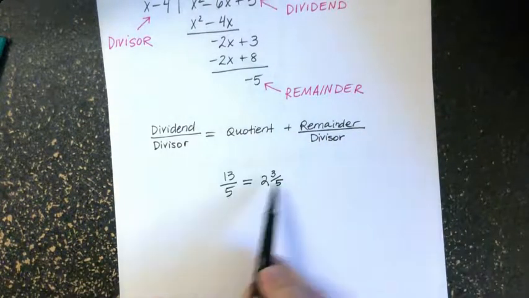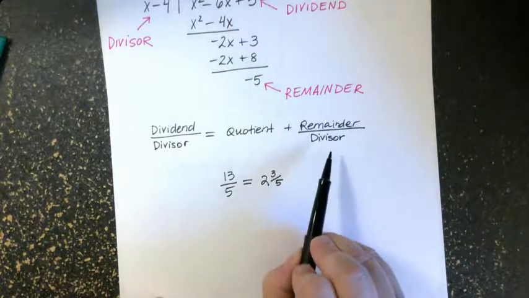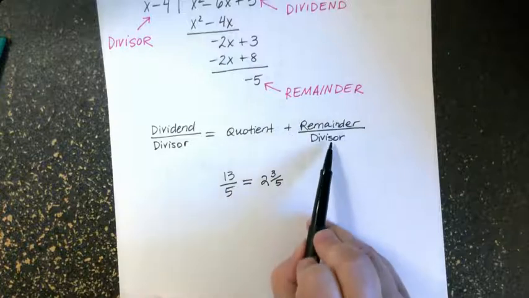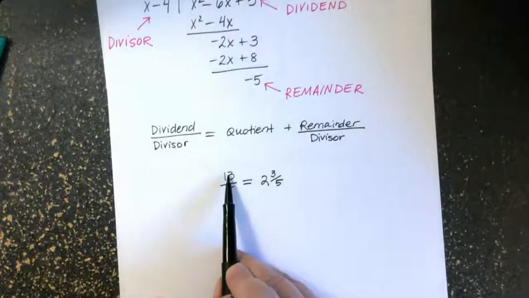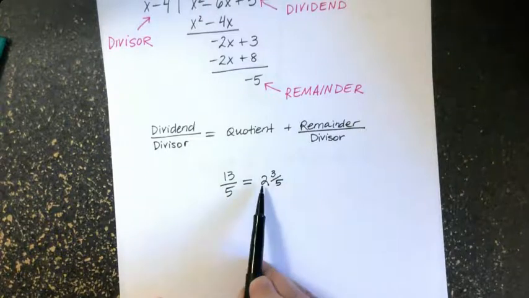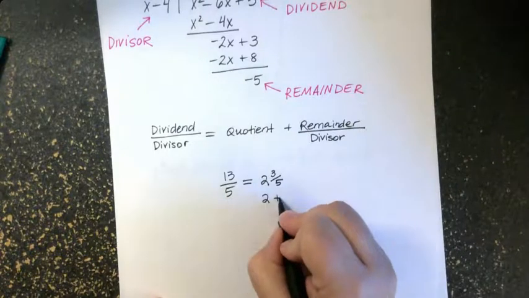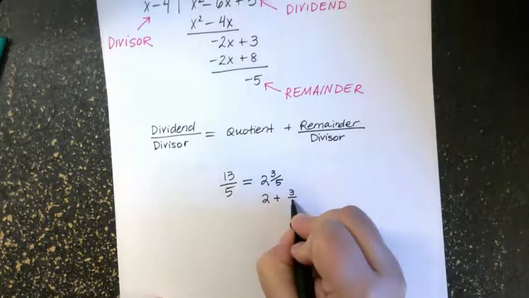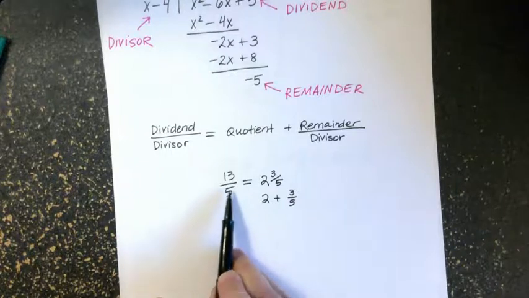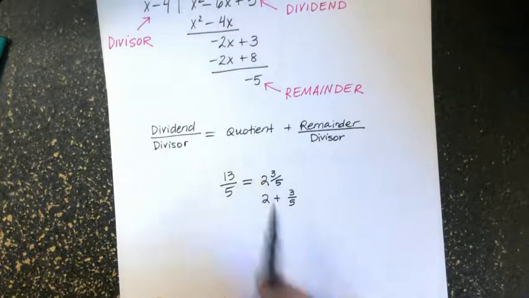So what I was trying to say here, and I'm sorry I misspoke, is dividend divided by divisor equals quotient plus remainder over divisor. When I say 13 divided by 5, my answer is not 2 plus 3. My answer is 2 plus 3 over 5. 2 is the quotient, plus it goes with a remainder of 3 over 5.